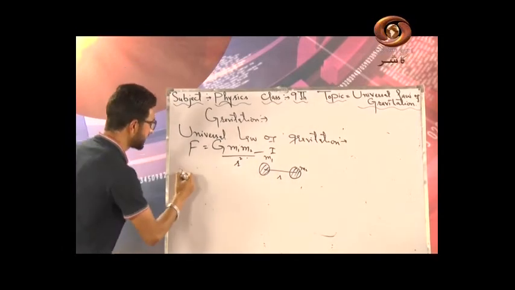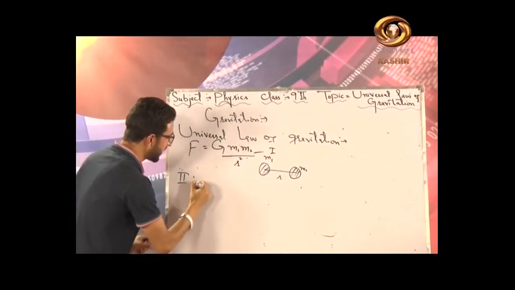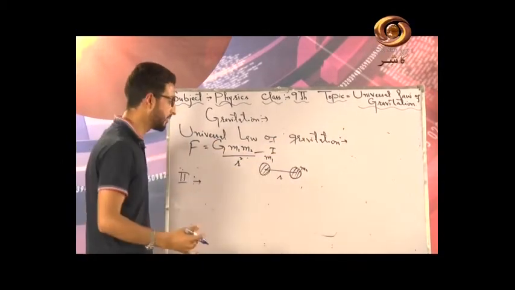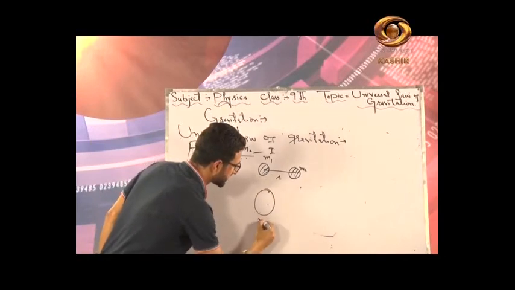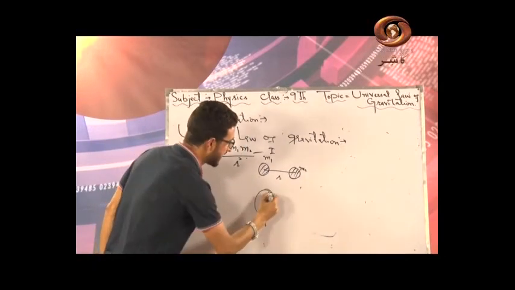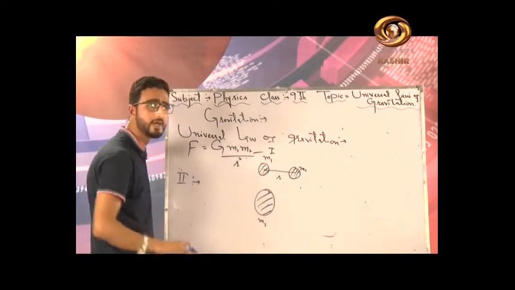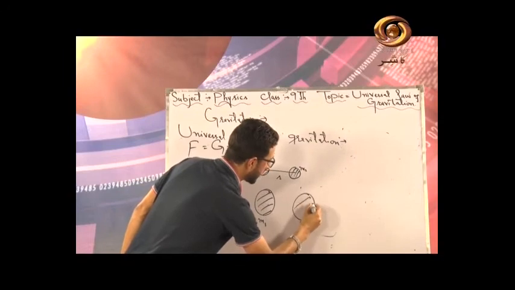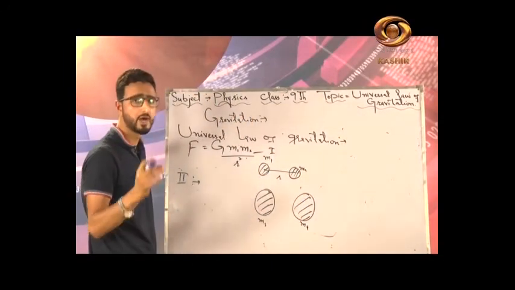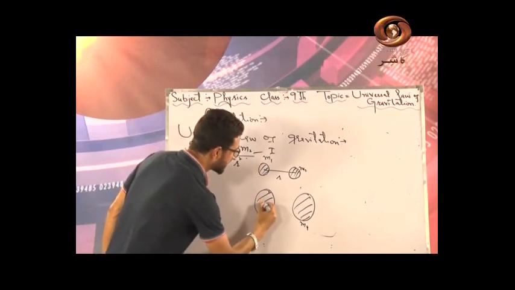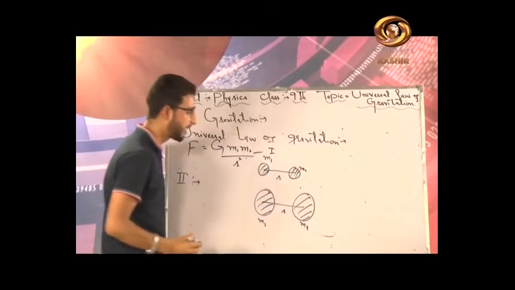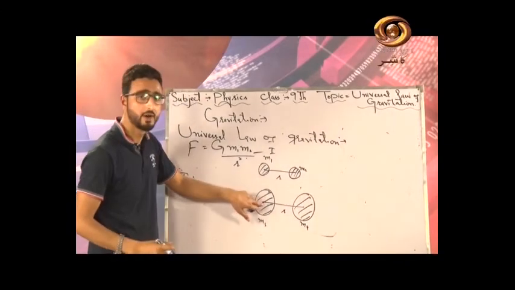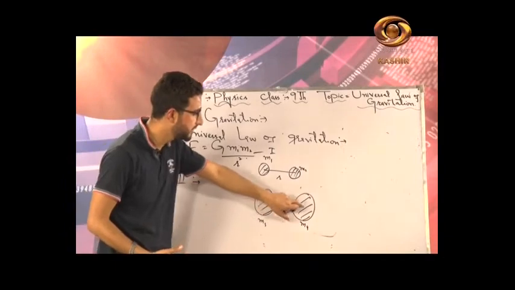Now the question is, if the mass of each body is doubled, I mean if the masses of both the bodies are doubled, suppose I have two more bodies, this is m3, and this m3 is basically twice m1, and this is m4, and the mass of this is also 2 times m2. I am not changing the separation here. The distance between the two bodies is again equal to r.